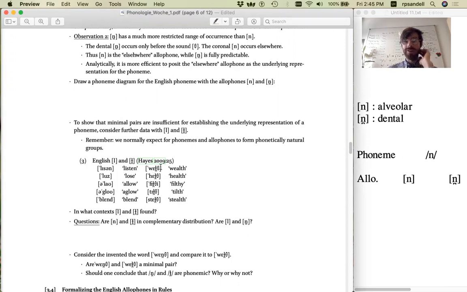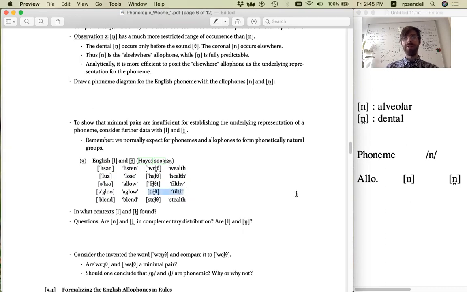And even more specifically, when we put this L sound, this lateral sound, before an interdental fricative, it also becomes dental. So it's no longer alveolar like the normal English light L, but it has a secondary velar articulation, and it becomes dental as well. So words such as wealth, health, filthy, tilth, and stealth.